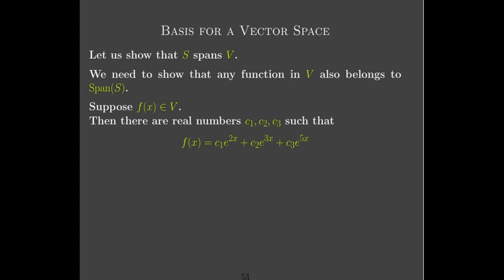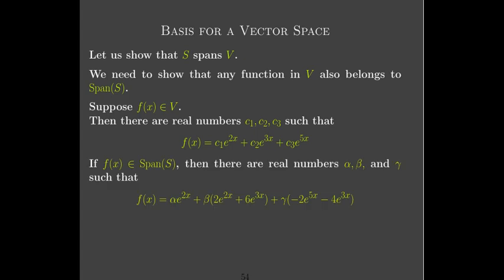So let's just take a function in V. We don't know what the function is, but we know that it is a linear combination of those 3 functions in the given set. That's what span means. And now if it's also in the span of our set S, then we have 3 other real numbers, and I'm going to use Greek letters, alpha, beta, and gamma.